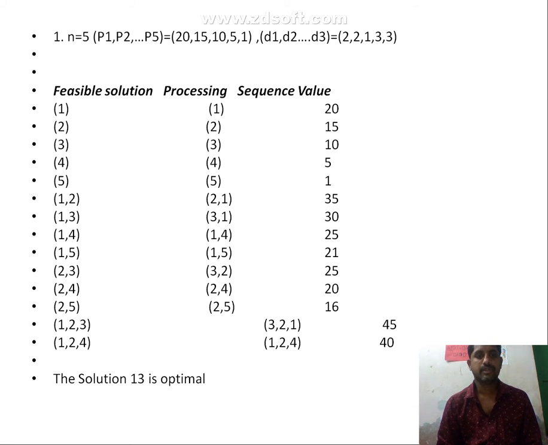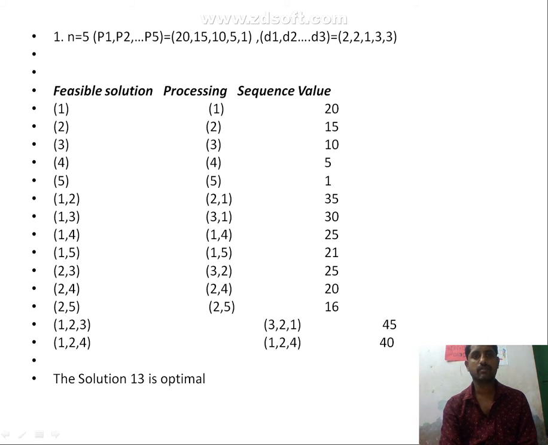See, for example, if N equals 5, then P1, P2, P3, P4, P5 equal 20, 15, 10, 5, 1, and deadlines D1, D2, D3, D4, D5 equal 2, 2, 1, 3, 3. Here the maximum deadline equals 3, so you can construct different possibilities within 3.